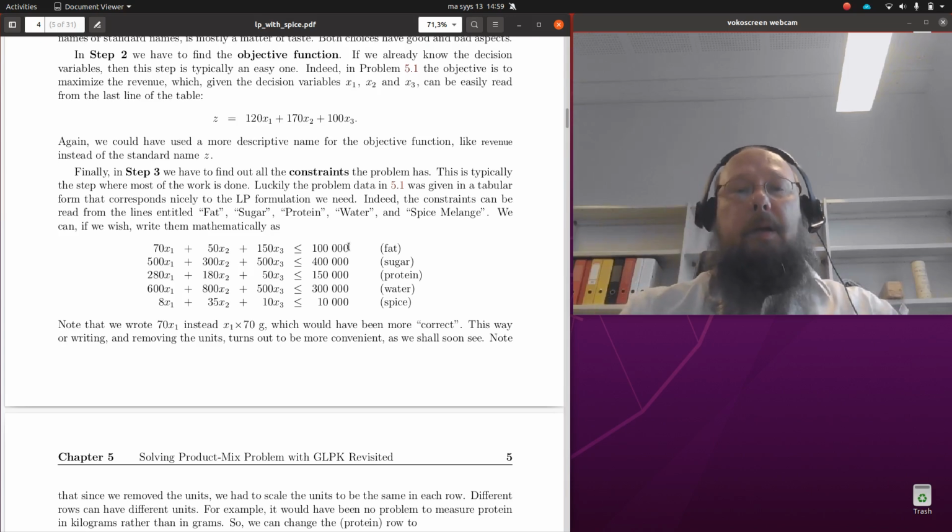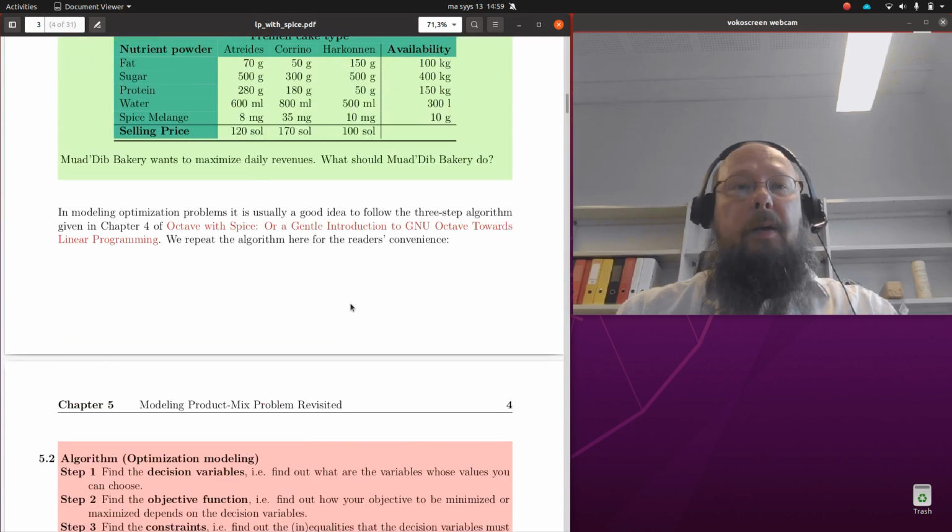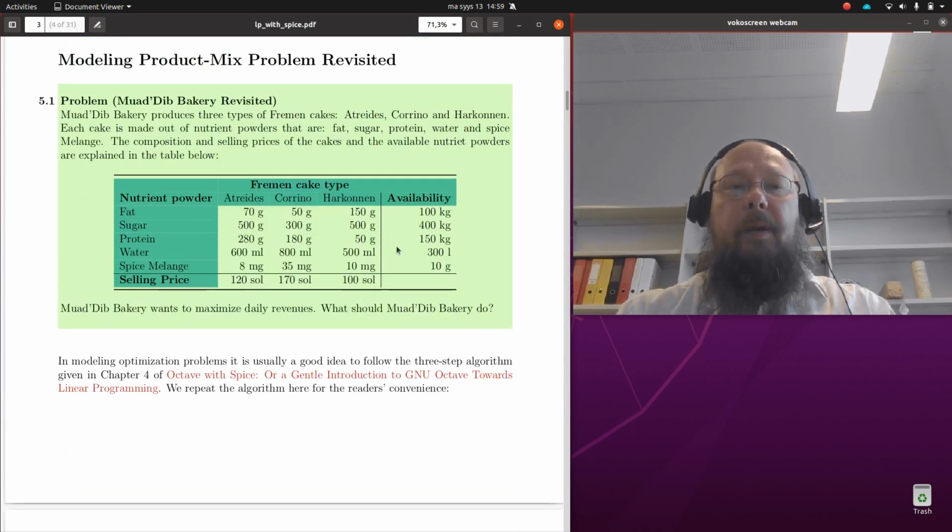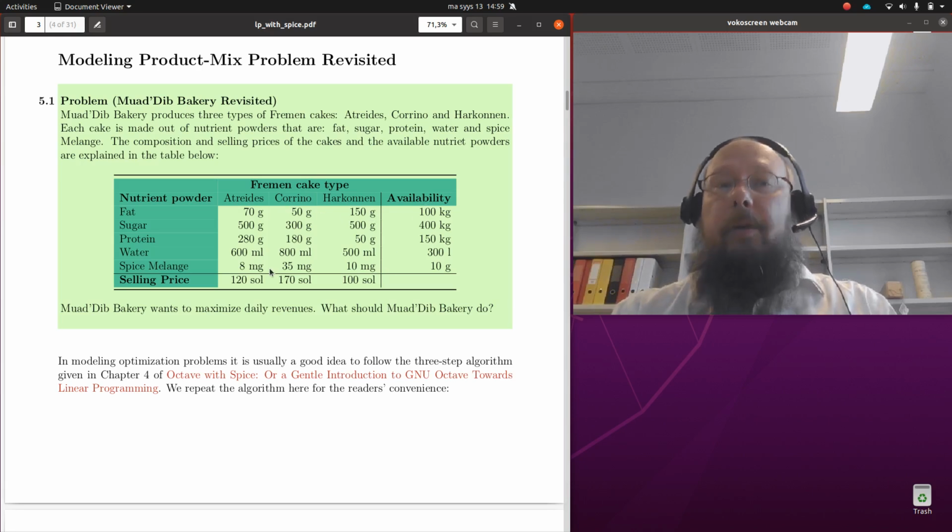And if you look at the sugar, protein, water, spice constraints there, they obviously come from here. So you see that this tabular form is really convenient. The only difference is that on the right hand side I've just used the unit of the left hand side.